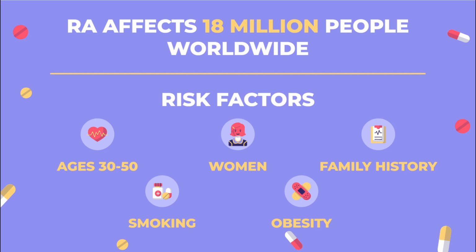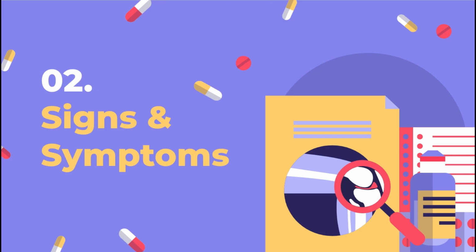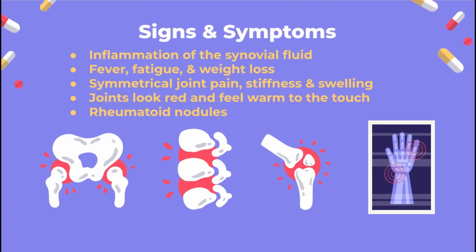Well, that's it for your introduction. Now let's take a look at the signs and symptoms of rheumatoid arthritis. Some signs and symptoms of RA include inflammation of the synovial fluid, fever, fatigue, and weight loss, symmetrical joint pain, stiffness, and swelling.